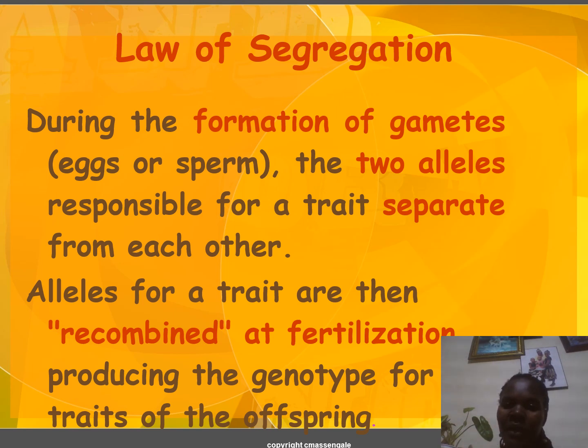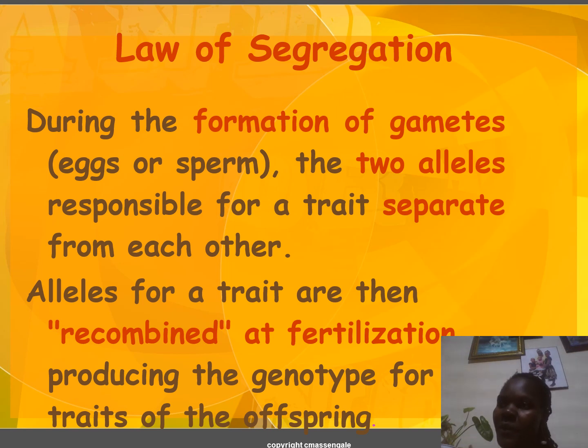I said it could be a dominant or a recessive allele. They separate from each other. So the alleles for a trait are then undergoing recombination at fertilization to produce a genotype for a trait of the offspring.